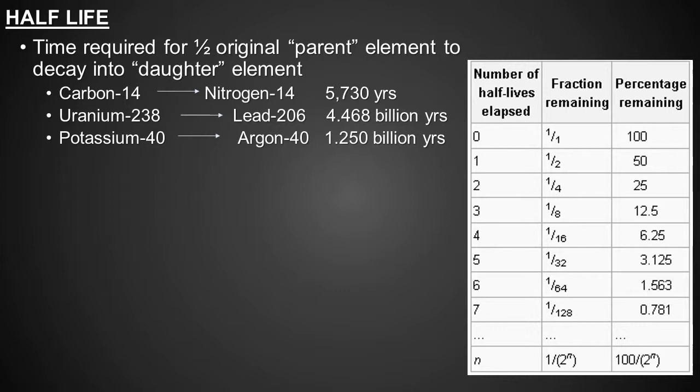Therefore, isotopes with shorter half-lives are only useful for younger geologic materials, where isotopes with longer half-lives are useful for geological processes and geological units that span much further into the past. This slide lists the half-life for 3 radioactive isotopes commonly used by geologists to determine the absolute time for some geologic processes.